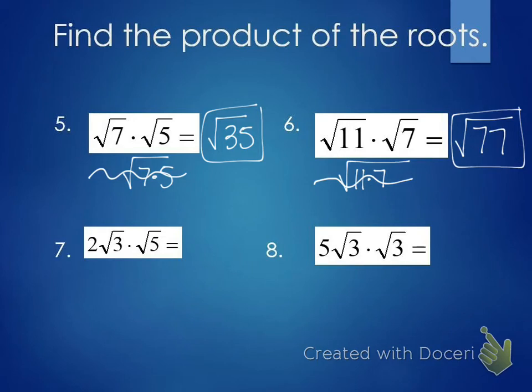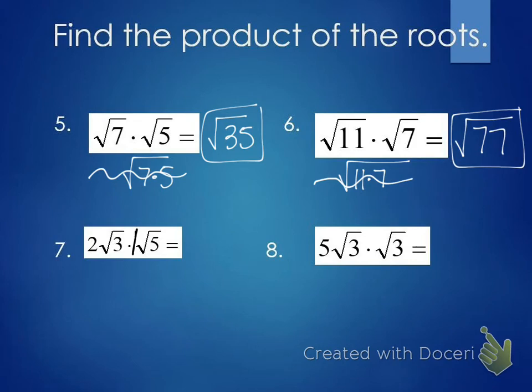Okay. Number 7, we get into a slightly different idea, but again, we did talk about this before. The 2 on the outside of that radical would get multiplied to the number that's in front of the other radical. There's no number written there, but we know that it's really a 1. So you could think about the fact that that's a 1 in front of that radical.